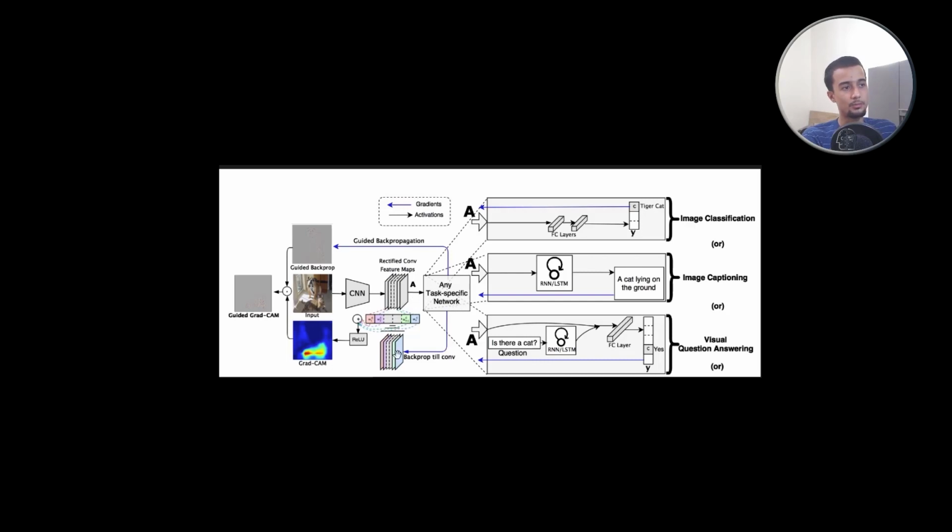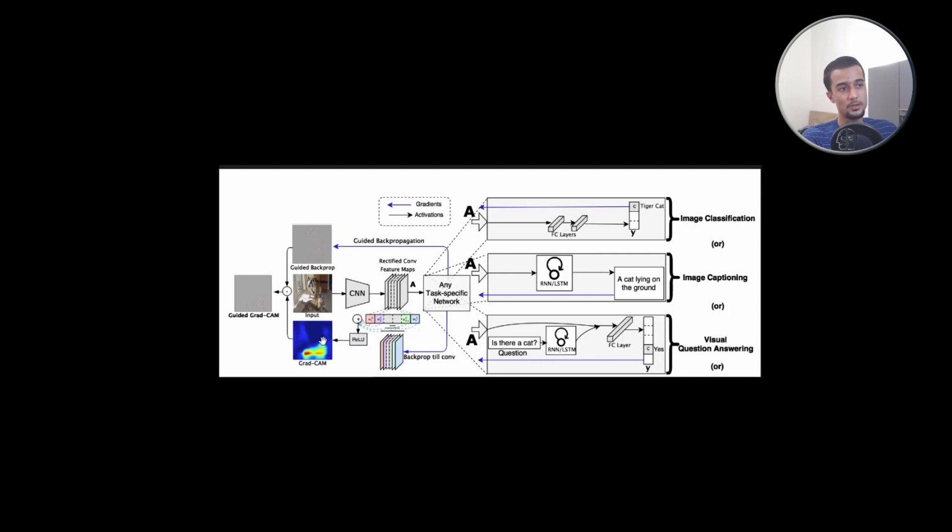So after backpropagating to this convolutional layer, we perform global average pooling, which produces this vector of weight importance, and then we multiply it by the class activation mapping of this convolutional layer, and the result is then passed to a ReLU function, which produces a heat map as an output.